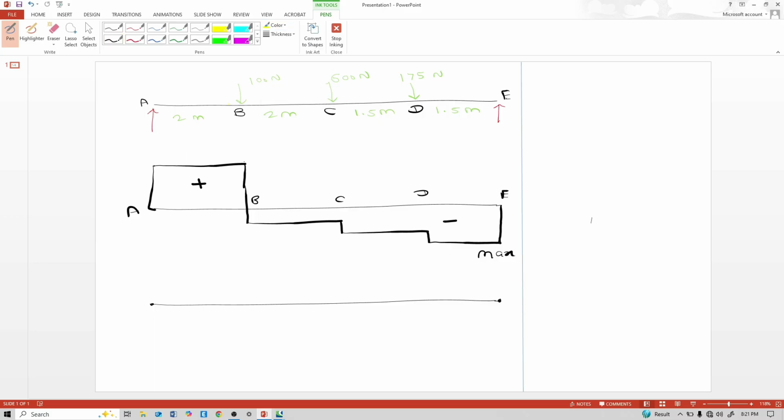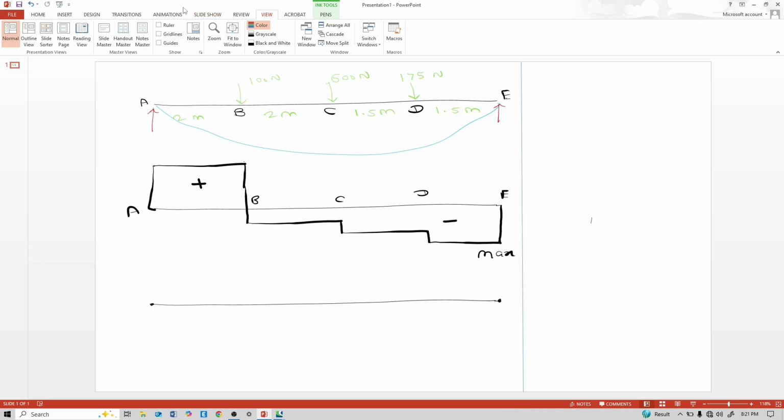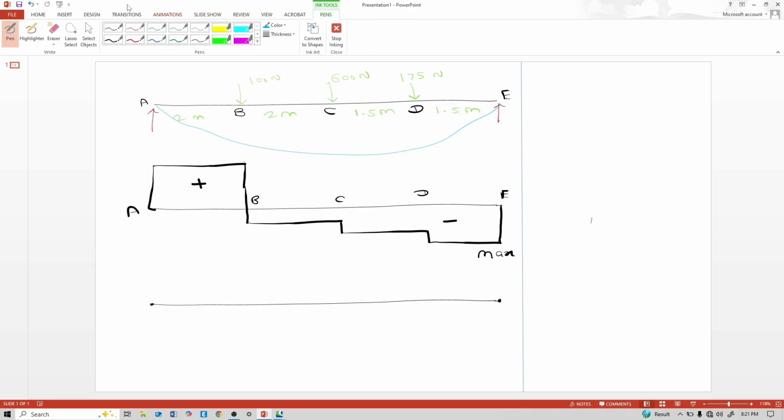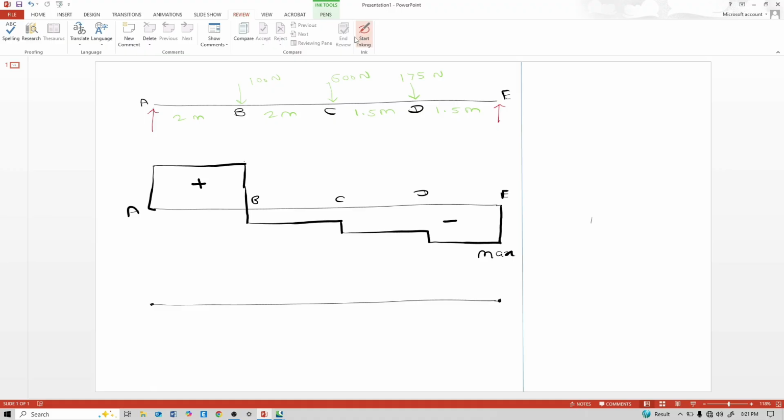Before that, see the deflection. The deflection of that beam is like this. Deflection like this means this is sagging bending moment, positive bending moment. Deflection downward means this is sagging bending moment.